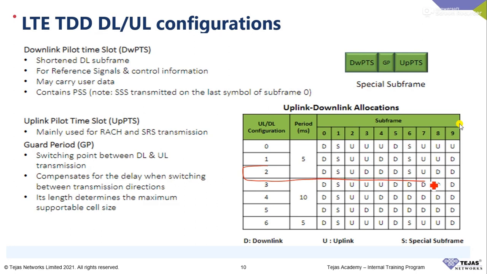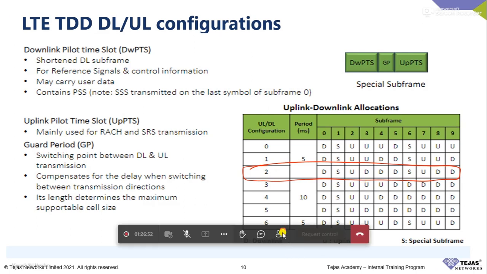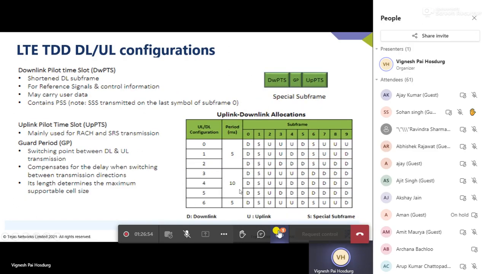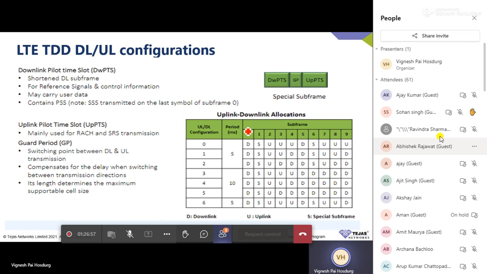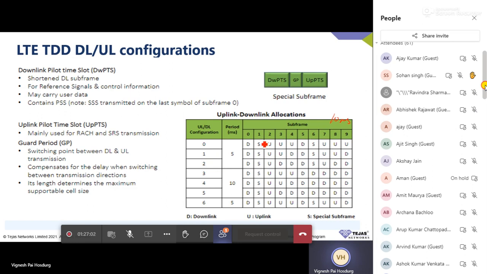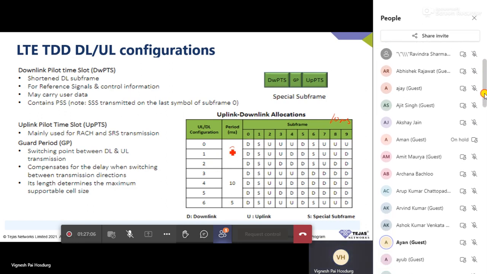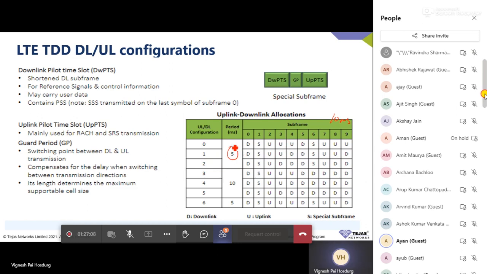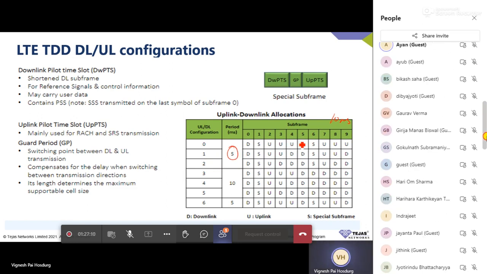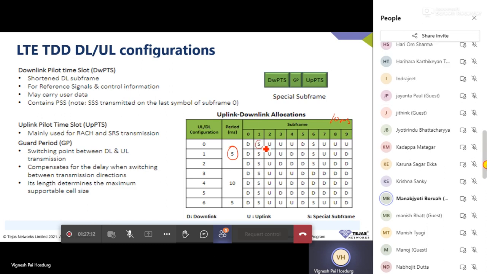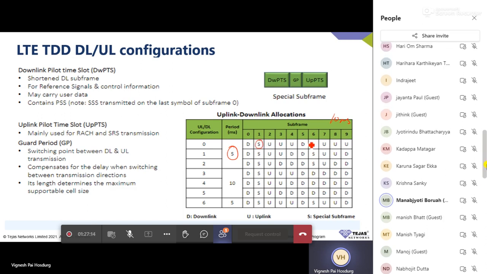Can you just repeat it? Period 10 millisecond. Just a second. We remember that this is a 10 millisecond frame. Now, 5 millisecond periodicity means typically we'll have 2 special subframes, you can see here.